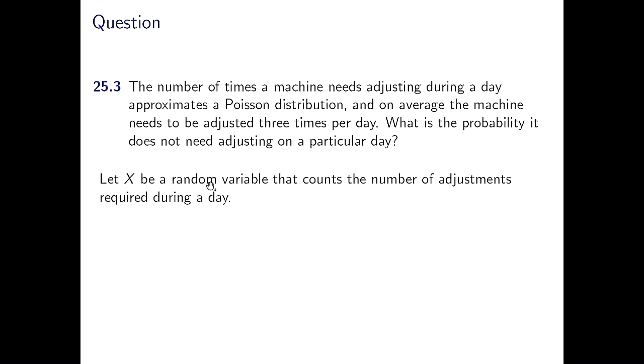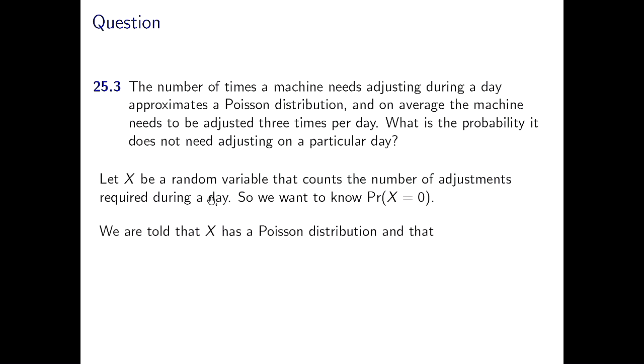Well, let x be a random variable that counts the number of adjustments a day. This is going to be a Poisson variable. We want to know the probability x equals 0, right? We don't have to adjust it at all. So x has a Poisson distribution, and what's our lambda here? 3, absolutely, right?